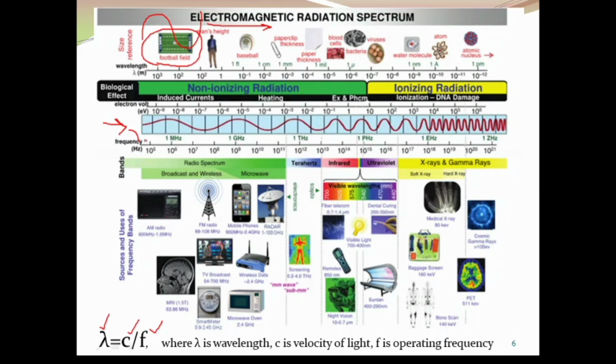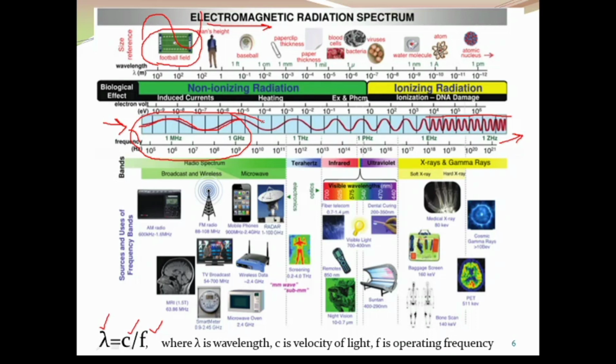Here the wavelength is very long, and when we move this way, the wavelength becomes very narrow. In this range the frequency is very small, and toward the other end the frequency is very high. Here low frequency and high frequency.